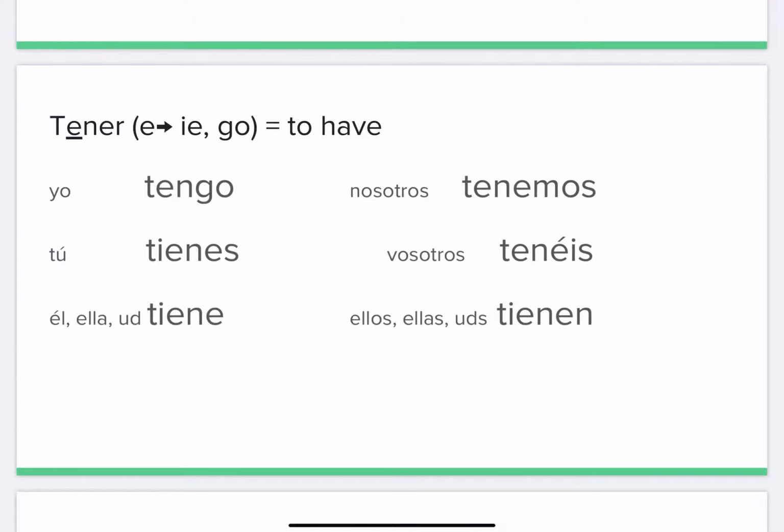The tú form starts with that spelling change of E to IE, and you get tú tienes. Then you have él, ella, usted tiene. Nosotros tenemos. Vosotros tenéis. Ellos, ellas, and ustedes tienen.